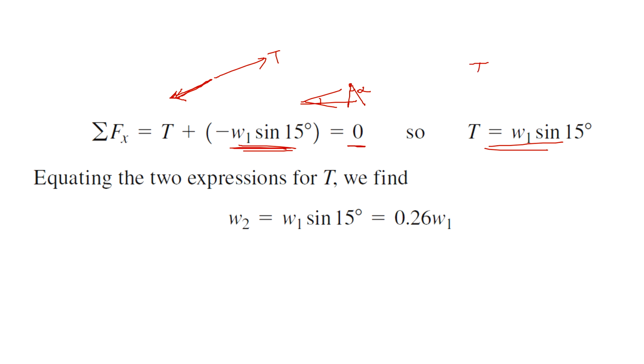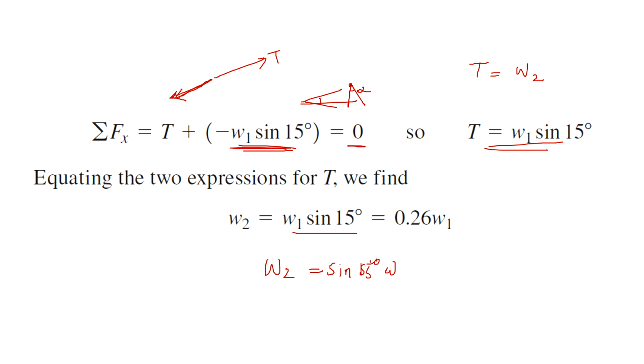From the case of the bucket, you got that T equal to W2. And from the case of the cart, you obtain that T equal to W1 sine 15 degree. And since both tensions act on the same rope, and since the rope is also in equilibrium, these tensions are equal. That means W2 equal to W1 sine 15 degree.